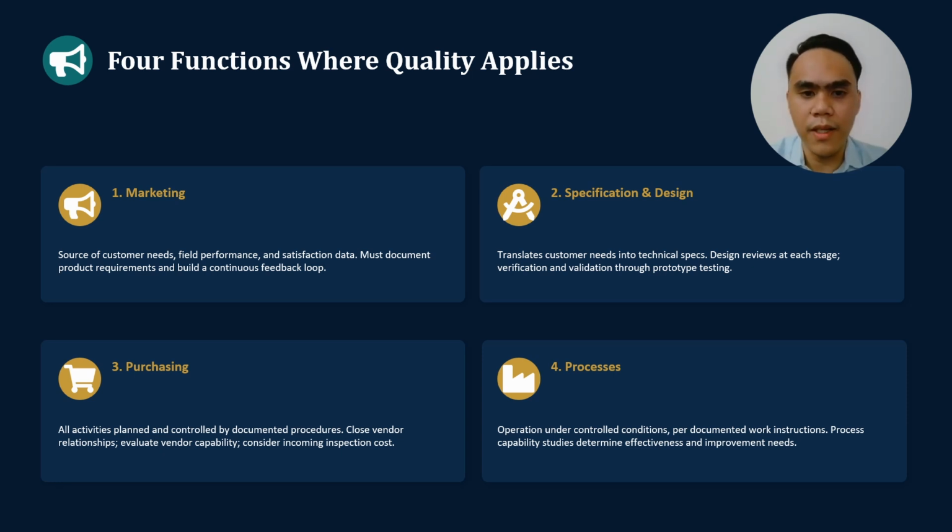Two is quality in specification and design. Once customer needs are clearly identified, the design function translates those needs into technical specifications. Formal plans should be prepared and documented for identifying critical stages of the design process, with a clear responsibility assigned for each. Design reviews happen at the end of the stage to identify problem areas and initiate corrective action.